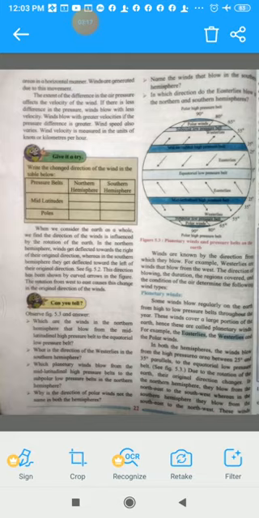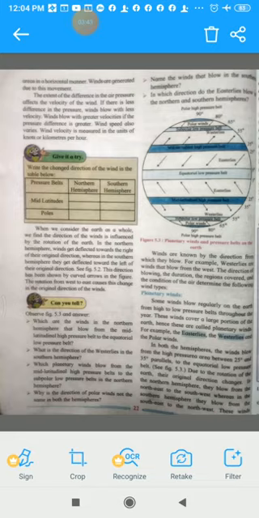Let us look further. In the northern hemisphere, they blow from the northeast to the southwest, whereas in the southern hemisphere, they blow from the southeast to the northwest. If you look at the arrows, in the northern hemisphere they are blowing from northeast to the southwest, and in the southern hemisphere from the southeast to the northwest.